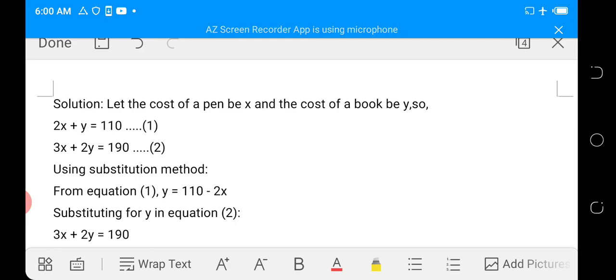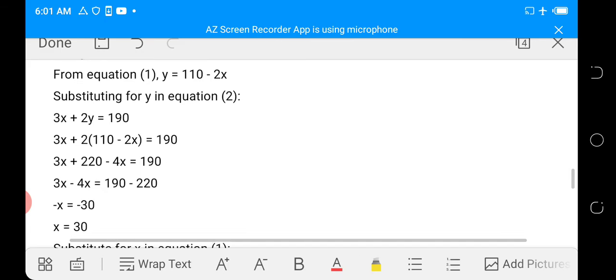Then I will now go to equation 2 and substitute this new value of y for y in equation 2. That is, in equation 2, anywhere I see y, the new expression for y will be written in place of y. So let's go to our equation 2 and see how this will be done.